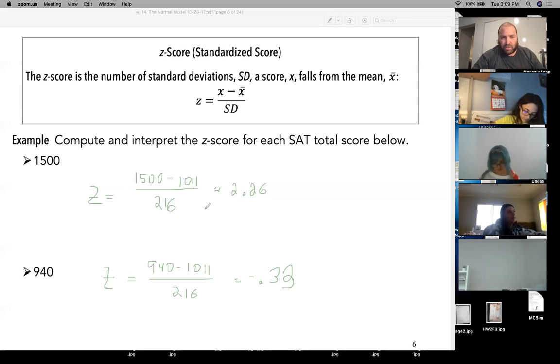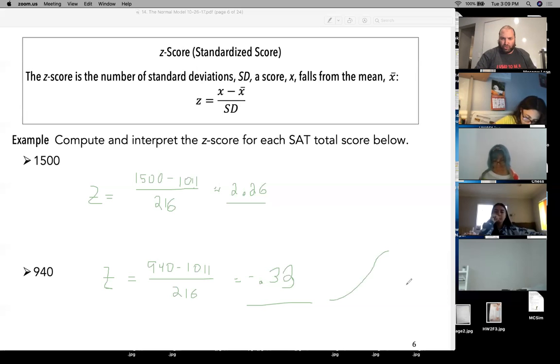For 1500, the z-score is 2.26. For 940, the z-score is -0.33. This means that 1500 scores 2.25 deviations above the mean, and 940 is a third of a deviation below the mean. -0.33 is about a third, right? So you're 1/3 deviation below the mean.